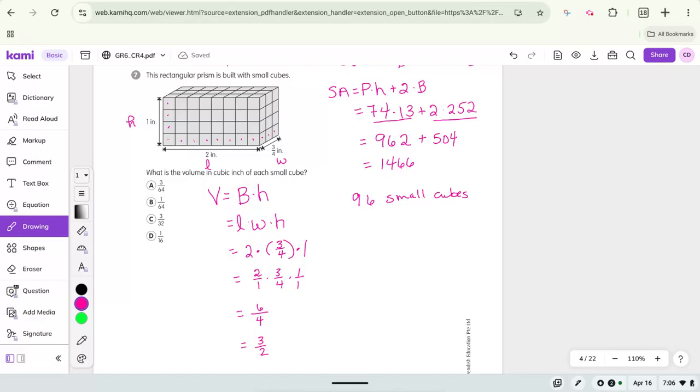All right, so once you figure out that there are 96 small cubes, you can take your total volume, which is 3/2, and divide it by 96. Now you can think of it as 96 over 1. Remember, when you divide fractions, you keep, change, flip.